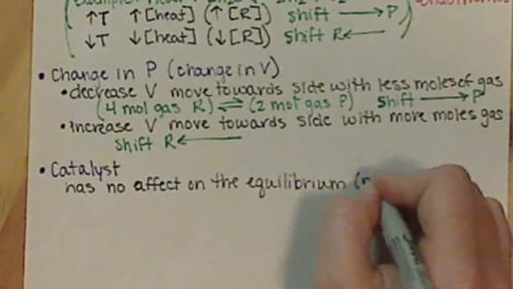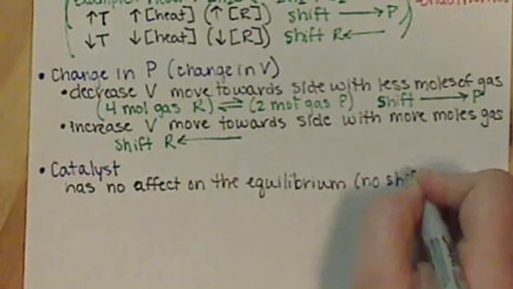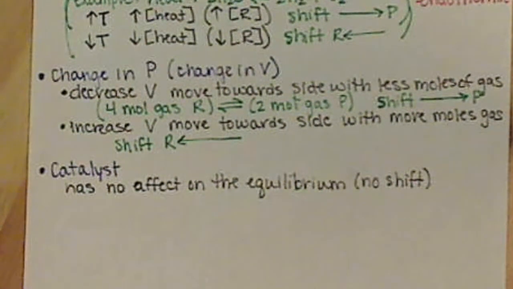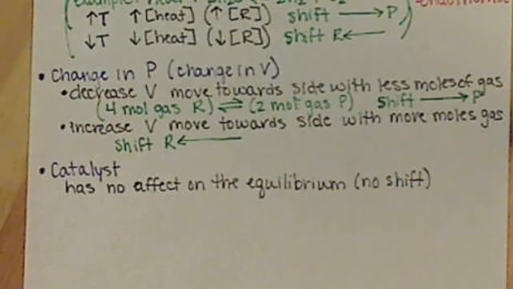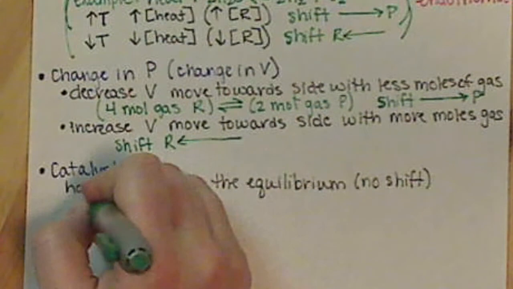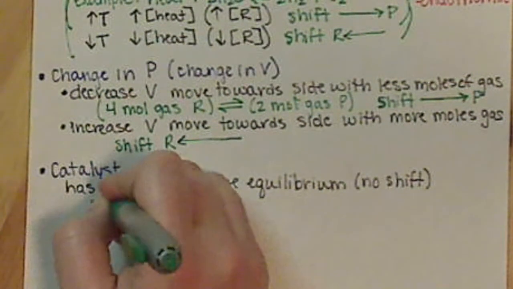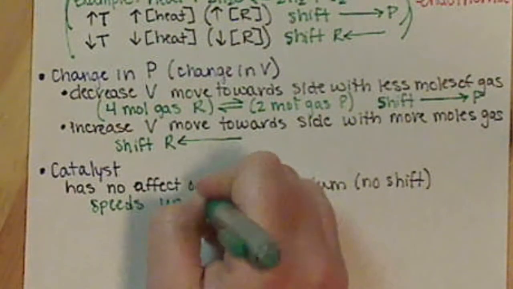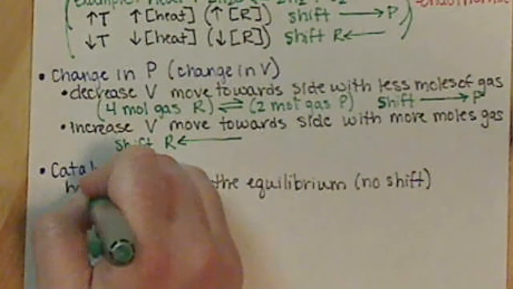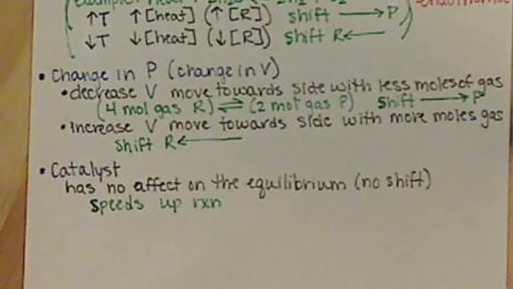Okay, so basically it doesn't matter what the equilibrium is. If we introduce a catalyst, there will be no shift. Basically all that a catalyst does is it just speeds up the reaction. So the equilibrium isn't affected, it happens faster, but there's no favoring of either side because both sides are going to be affected equally.